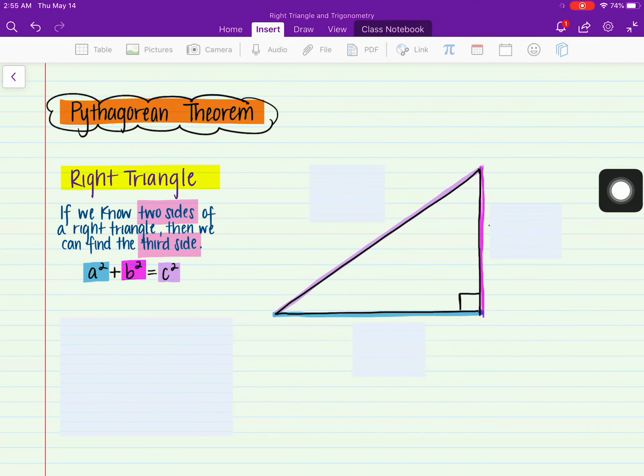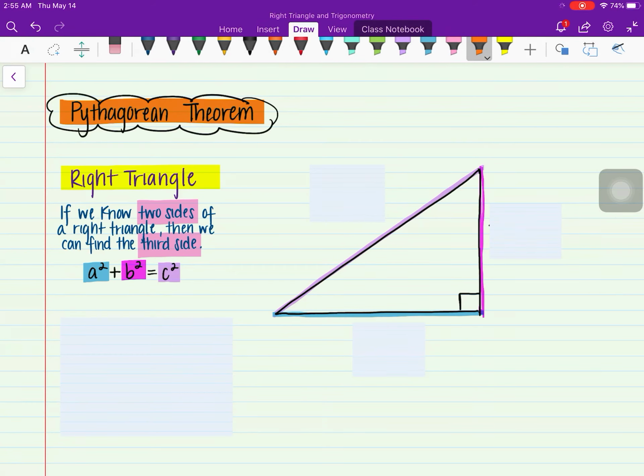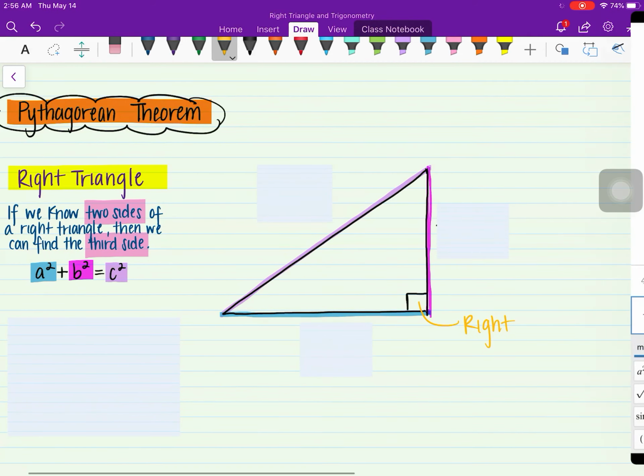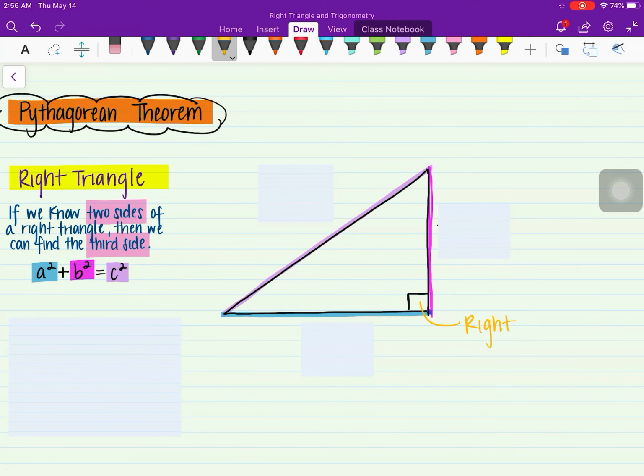So let me just go ahead and label that. So we have this right here is a right triangle. Right angle. Because it has 90 degrees.